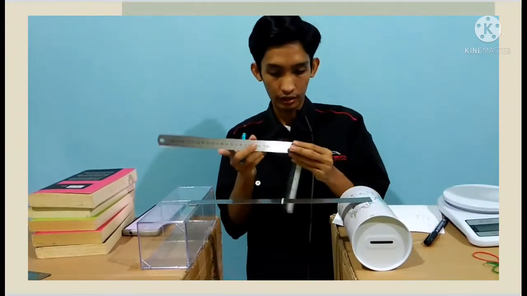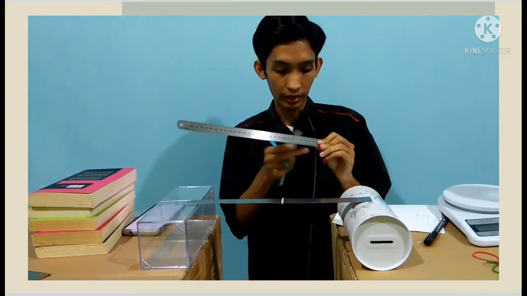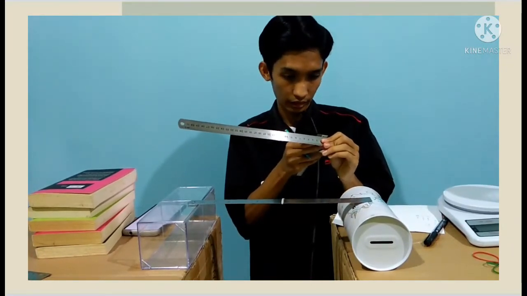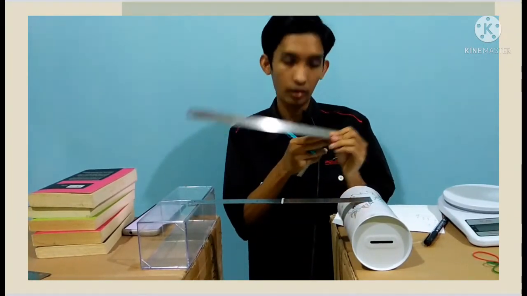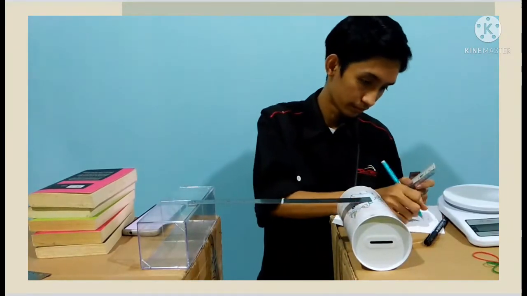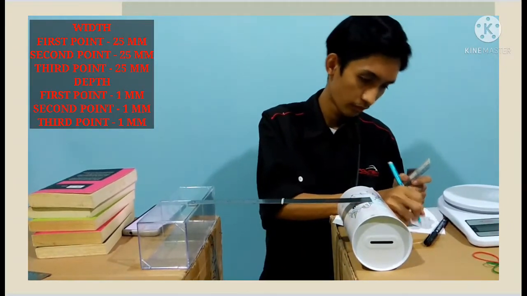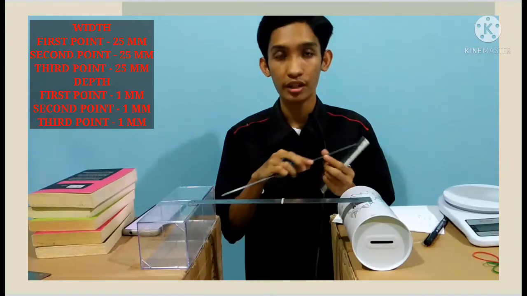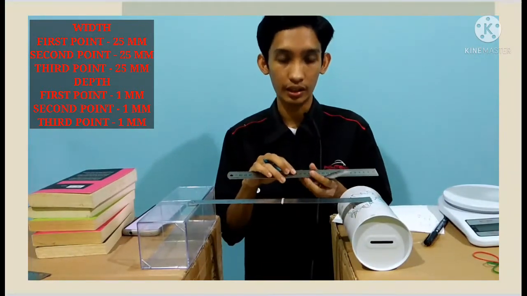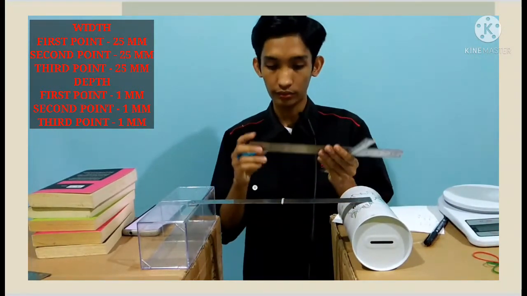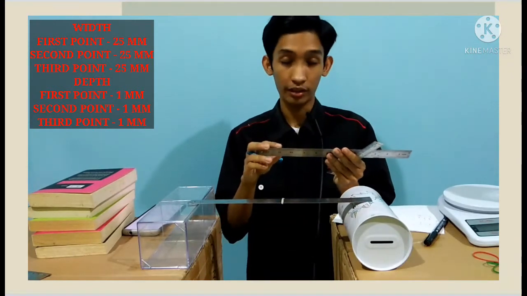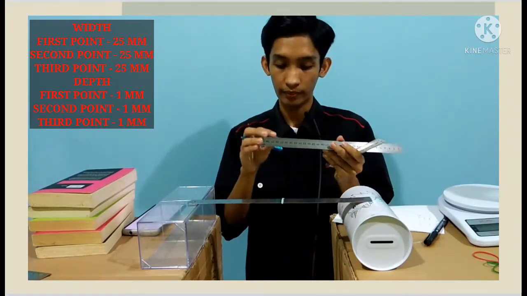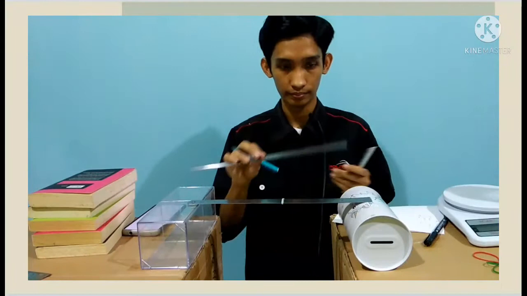And measure the depth of the beam at the third point, also 1 mm. So the average of width is 25 mm and depth 1 mm.